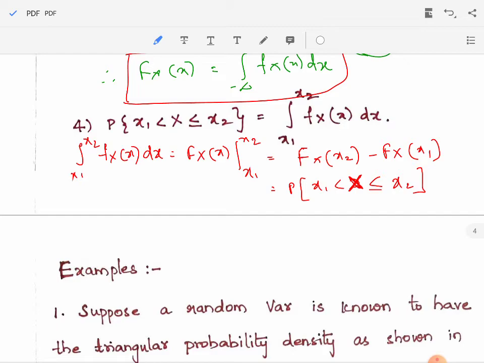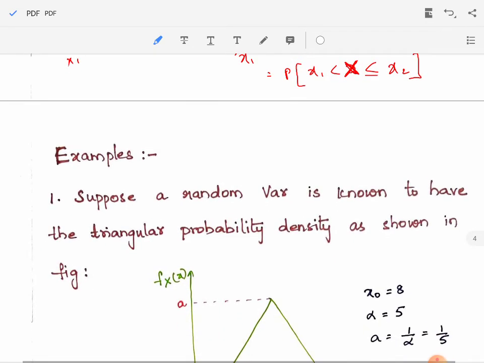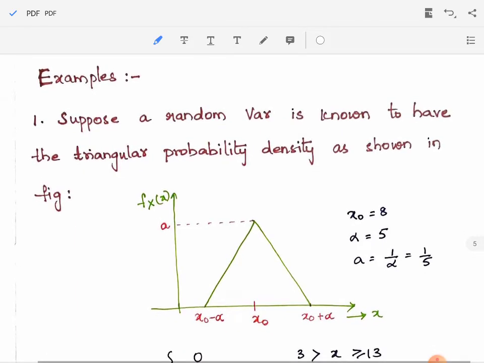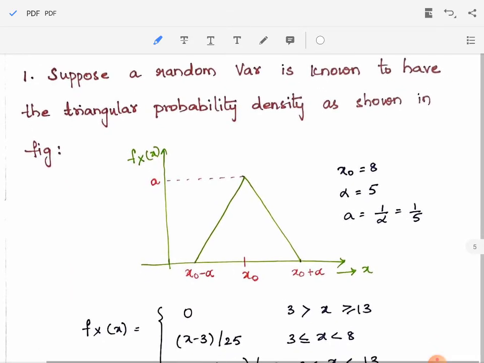Now let's see some examples. Example 1: suppose we have a random variable X and we know that it has a triangular probability density function as shown in the picture.